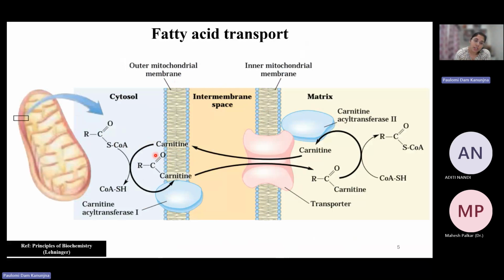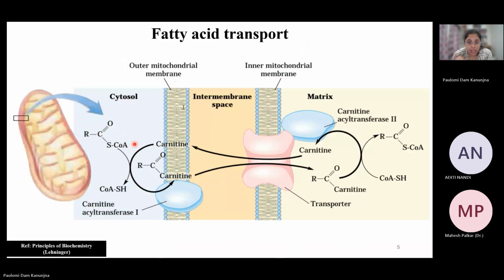So in the cytosol, this fatty acid will become a fatty acyl coenzyme A, which has already utilized ATP, and this will now enter the mitochondrial matrix by this entire procedure. When you have a fatty acyl coenzyme A, there is an enzyme called carnitine acyl transferase.